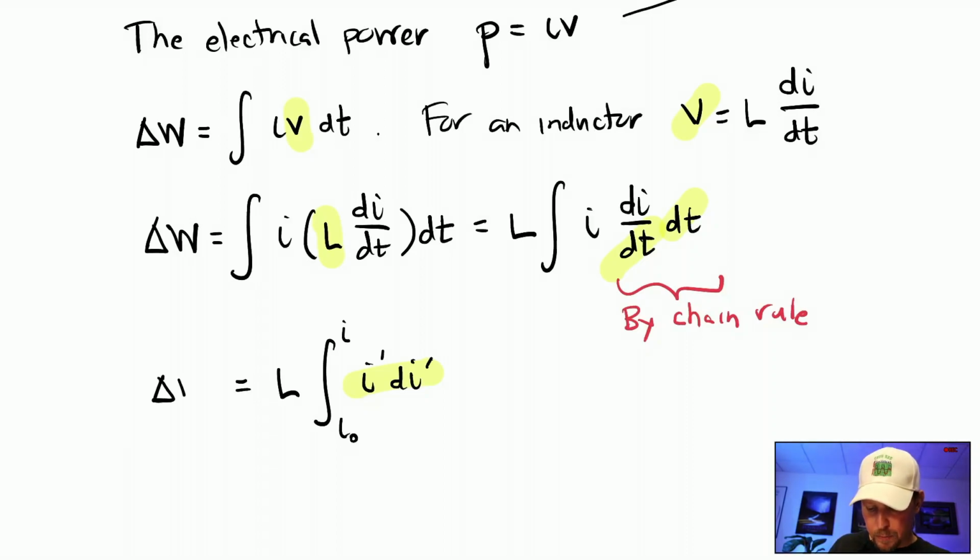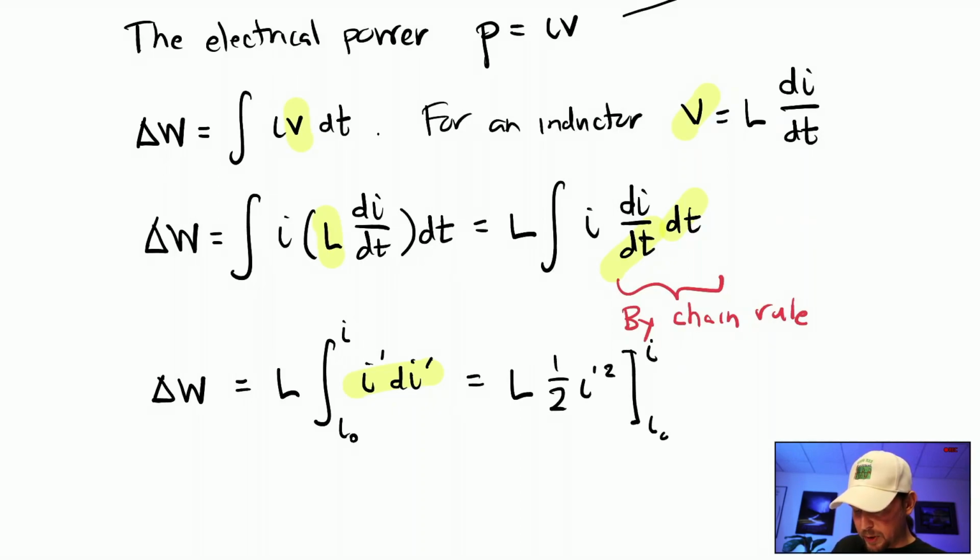So here, my change in energy is equal to L times 1/2 I prime squared, and I'm evaluating it at the top bound at I, at the bottom bound I naught. I can plug in those bounds and subtract the two, in which case I can rewrite this as 1/2 L times the current squared minus the initial current squared, like this.